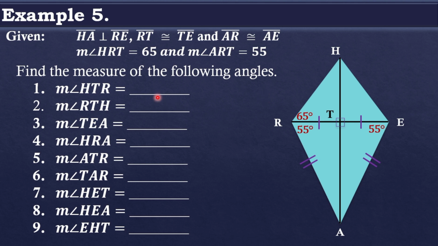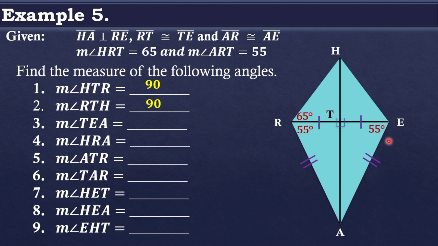So, find the measure of the following angles. The first one is the measure of angle HTR. So, HTR. So, ito madali lang to kasi this is 90. This is a right angle. Okay? Next, RTH. RTH. Okay, mukhang yun pa rin yung angle na tinutukoy. So, that is also 90. Next, angle TEA.